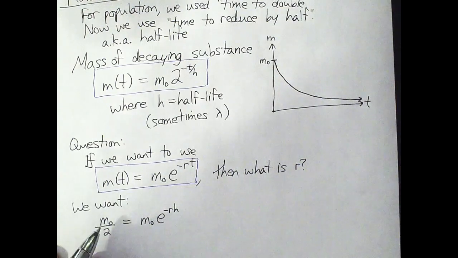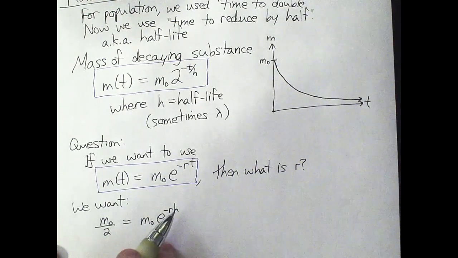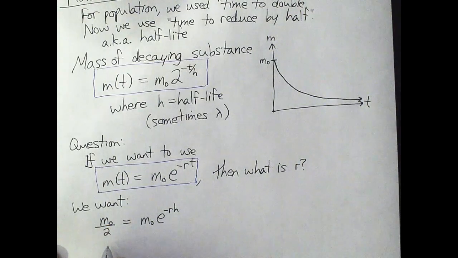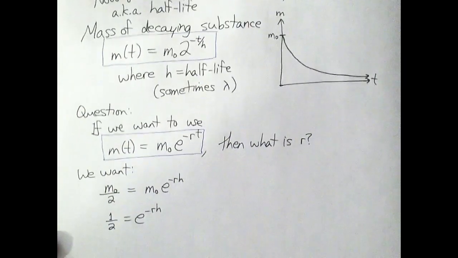All right, half the mass remains. That's the amount that we started with. The amount of time that has passed is the half-life. We could divide both sides by m sub 0. M sub 0 is some number. Divide both sides by it, and the left-hand side becomes 1/2. We get this.